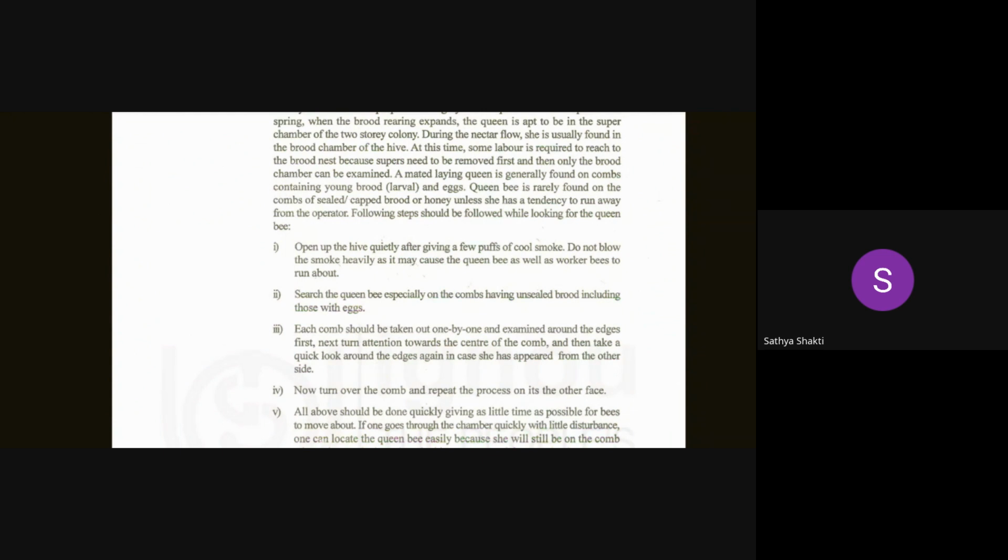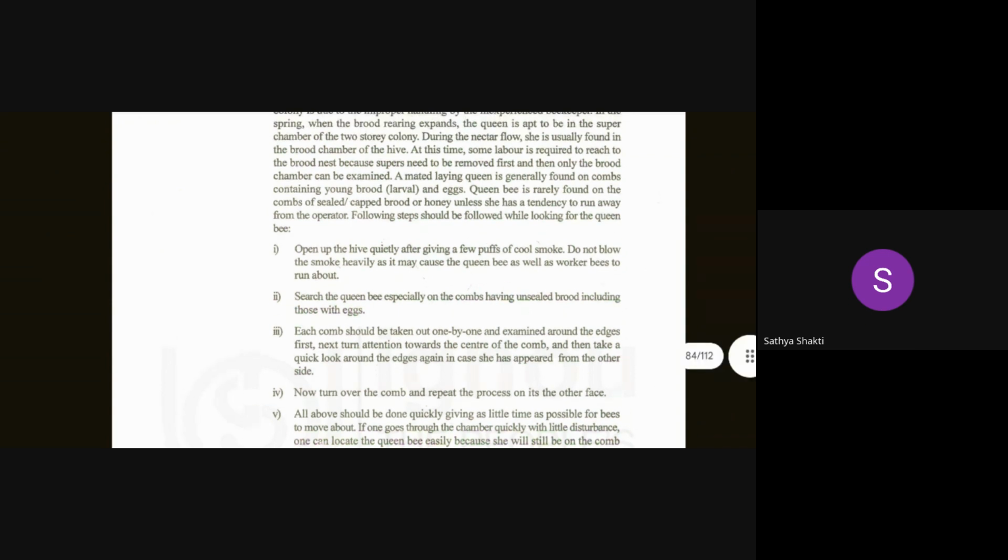Wherever the queen moves, the workers follow the queen. And this behavior can be seen during hiving also. When hiving a swarm or from the wild hive to the box, you will observe this behavior of workers following the queen. If the queen is captured, all the remaining workers automatically move to the box or colony wherever the queen goes.